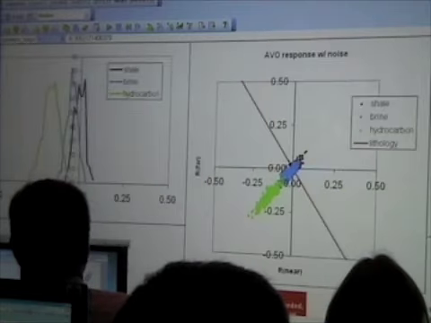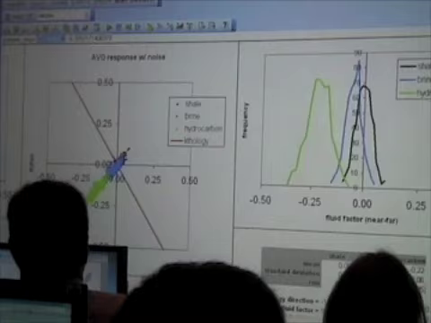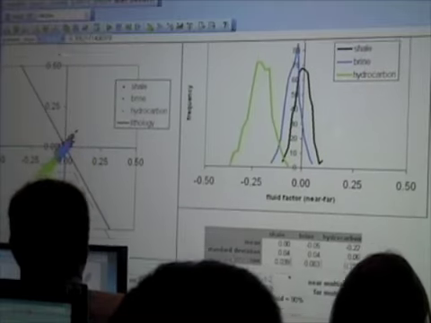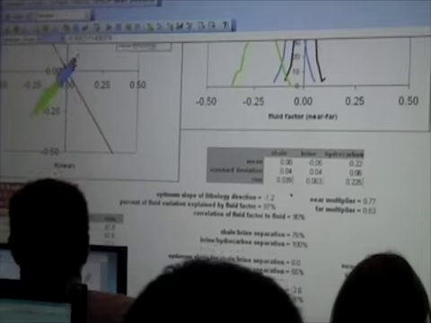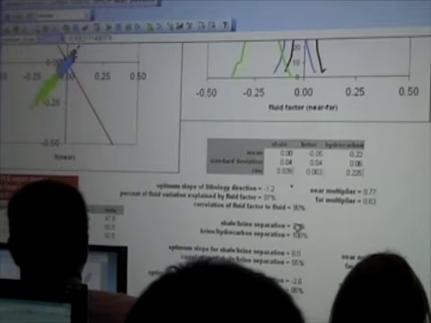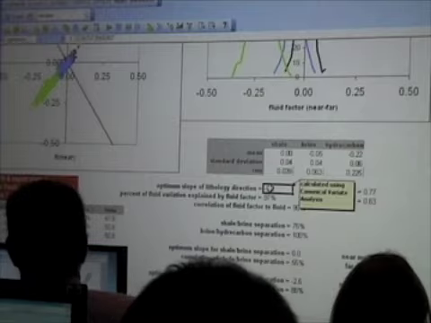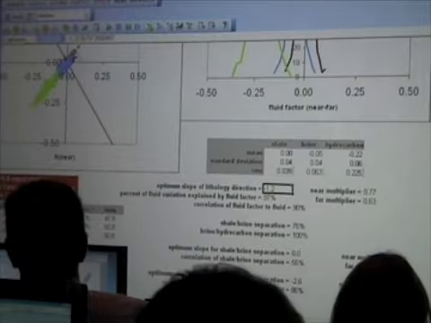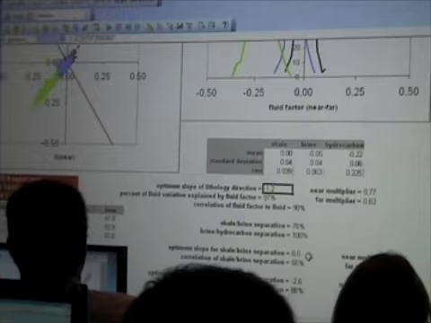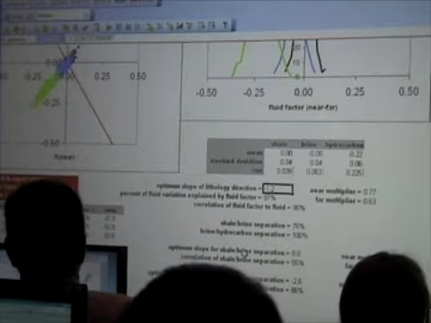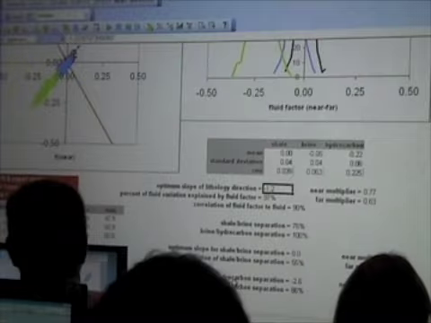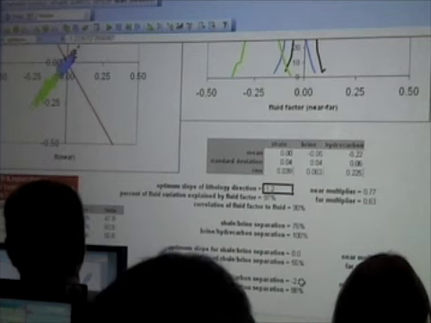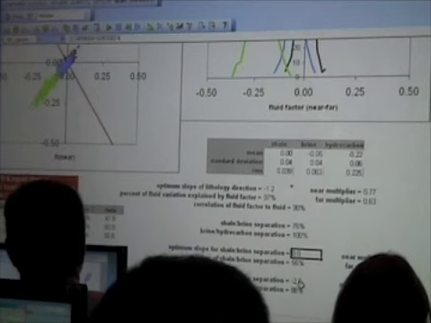Now, if we go over here to the near and the far plots, there are a few more numbers in terms of the separation here. One is, what is the best direction that will separate all three clusters at the same time? Then there's also a particular direction associated with separating the shale from the brine, and the brine from the hydrocarbon, and those you can see are a bit different here.